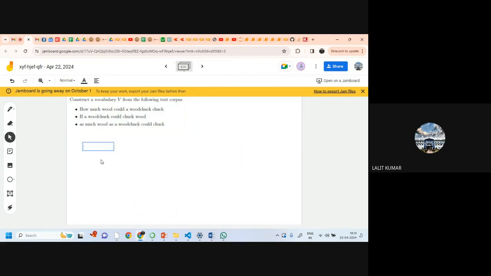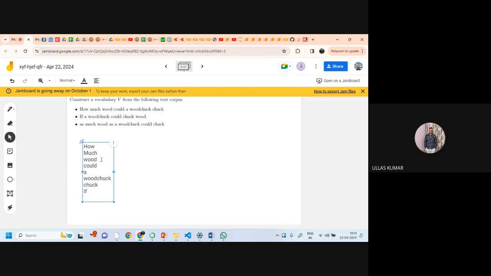So we can keep on writing: how, much, wood, could, a, woodchuck, chuck, if. A is already there, woodchuck is also there, could is also there, wood we have counted.